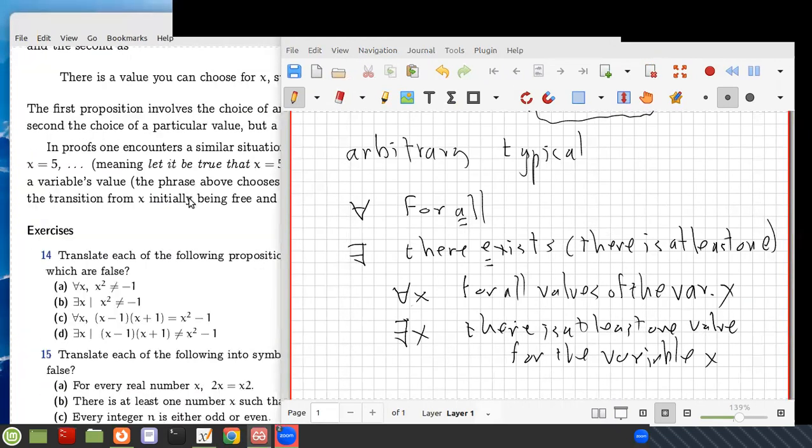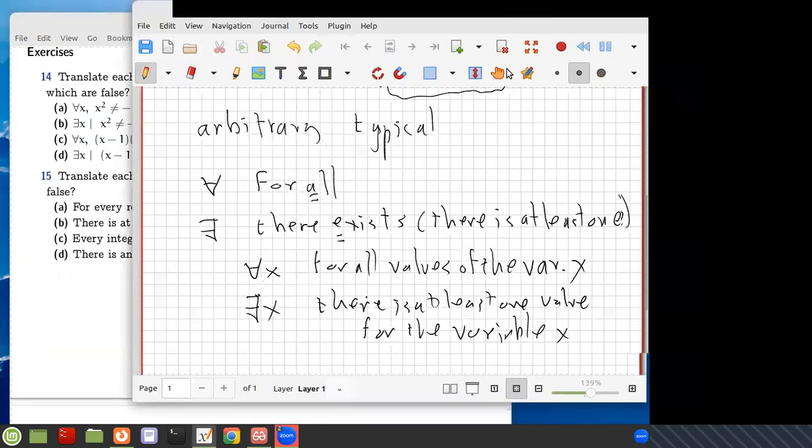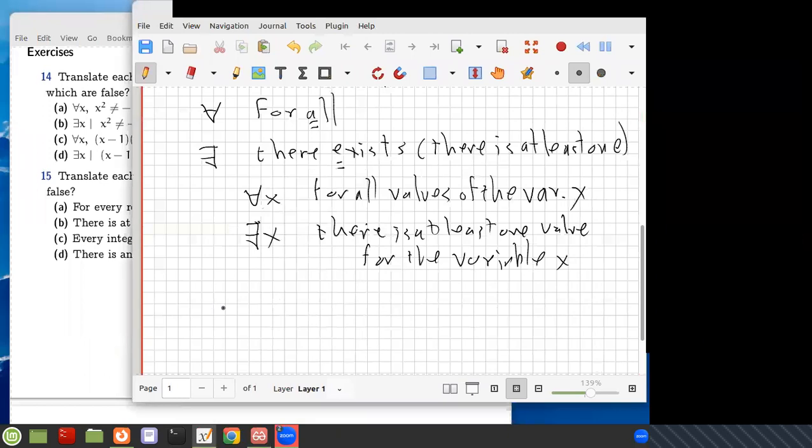And then, let me see. Oh, yeah. So that's just to point out, the question is, 2x, is this a true statement? Well, usually, yeah.